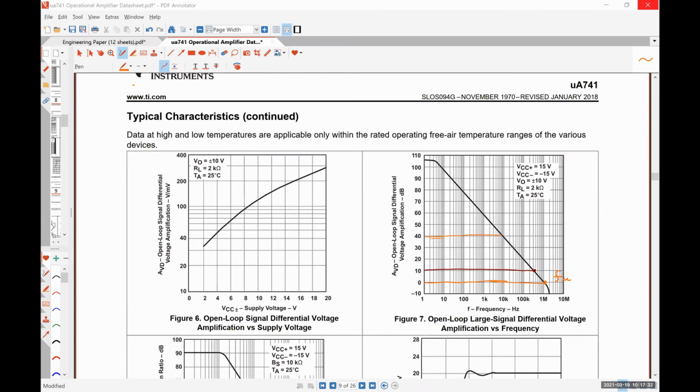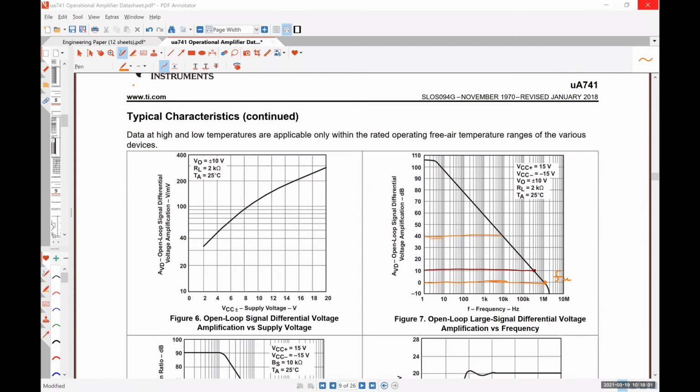everything's still looking pretty okay because we're well below the gain bandwidth product. Now we're at 1 megahertz and we start to see an appreciable decrease of voltage gain, right? We should see a 1-to-1 ratio between the input signal and the output signal, but instead our output is at about 75% of where we would expect it.